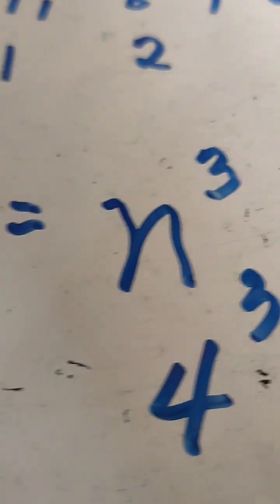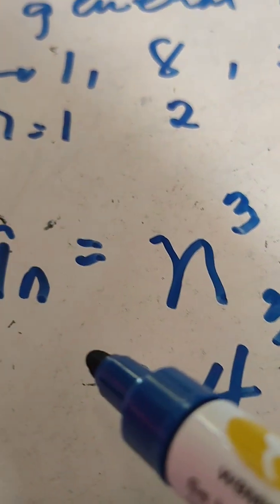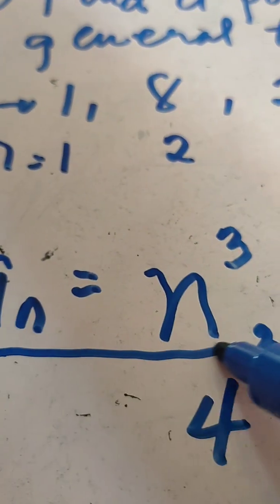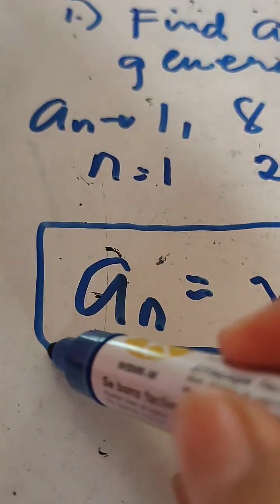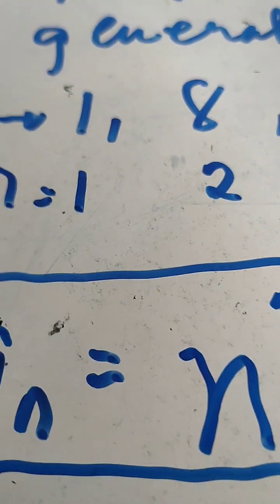Therefore, our answer in the given activity was a sub n is equal to n to the power of 3. So that is our answer.